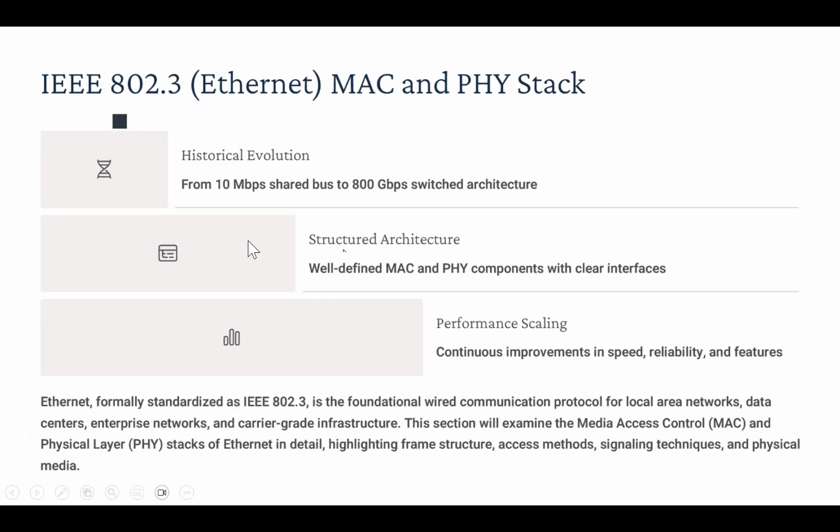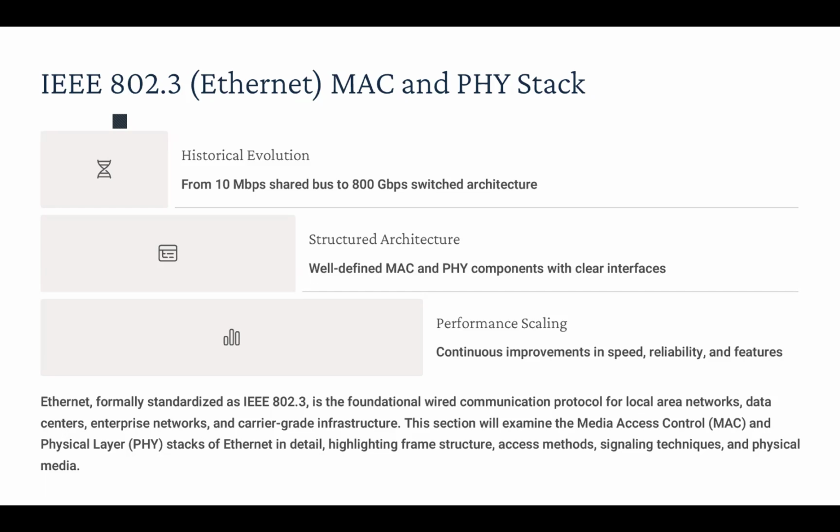Now, let's focus a little bit more on each of those parts that we mentioned, part 3 and part 11. Let us start with Ethernet, which is part 3. As we said, Ethernet began as a 10 megabit per second shared bus system using coaxial cables.